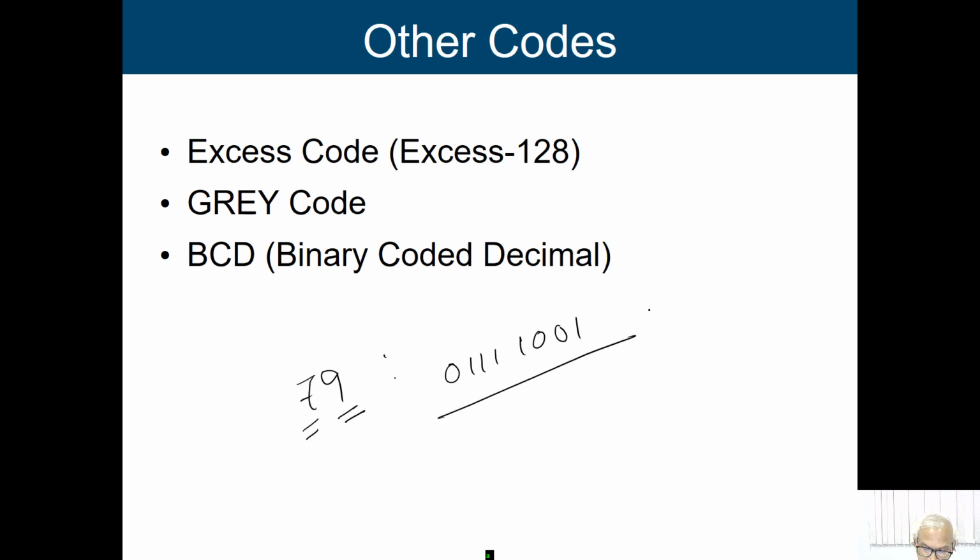So, this is the BCD representation of your 79, but the binary representation will be different. If instead of BCD I convert 79 to binary, then this representation will be a different one. It will not be like this one. You can try it out. Okay.